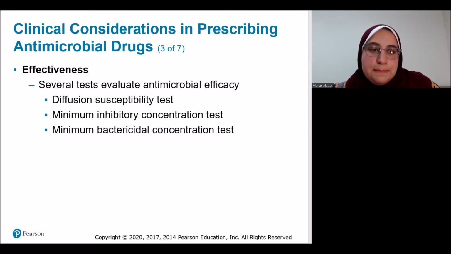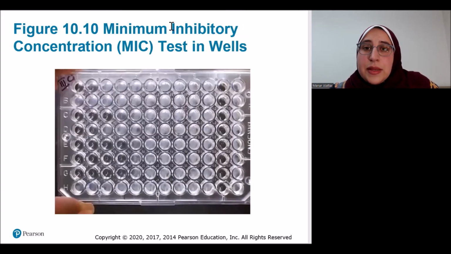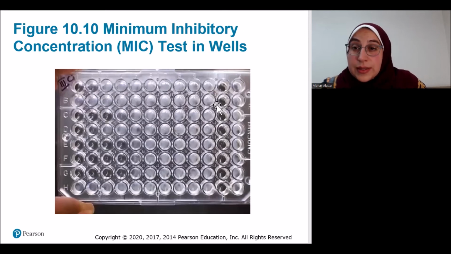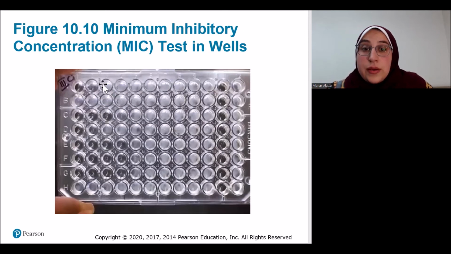So one test is this minimum inhibitory concentration test, which is very similar to what we talked about in chapter 9, where you make different concentrations of an antibiotic and you expose bacteria to those, and you literally just look for growth. So anytime you see an opaque cell, that means there are bacteria growing in that cell. And these cells that are clear, there's no bacterial growth, okay?